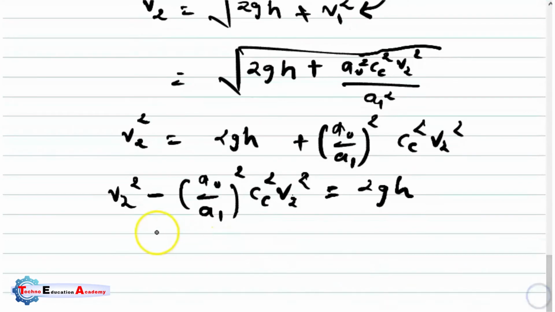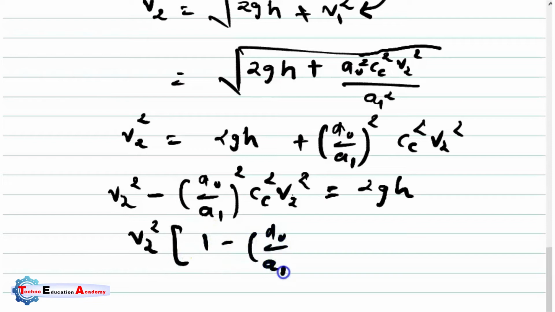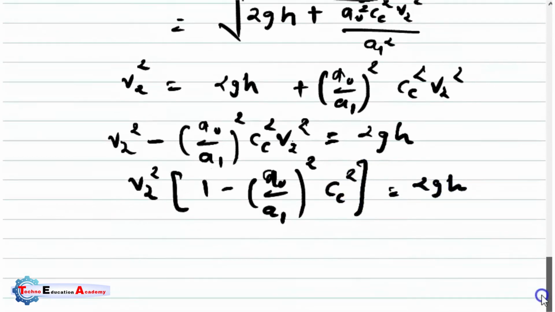Now we can take V2 common from the equation. So we can write V2 square is common, from this 1 minus (A0 by A1) whole square Cc square is equal to 2gh.